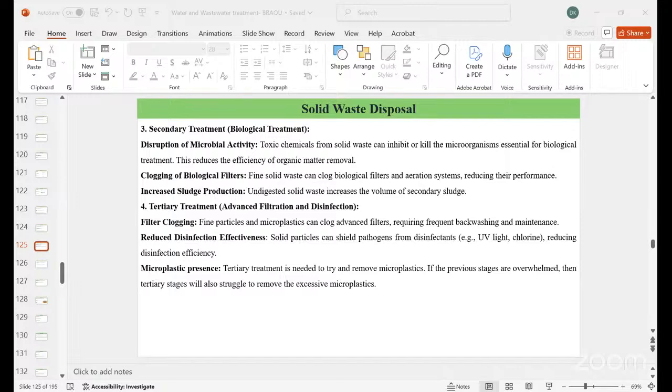As we see in this picture, there is a liner present for this landfill. This liner could be concrete or it could be PVC. So there is a thick lining which does not allow the solid waste to get to the groundwater table, or the leachate of the solid waste to enter into the groundwater.